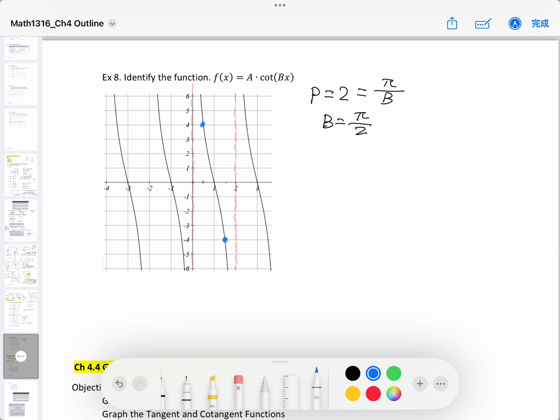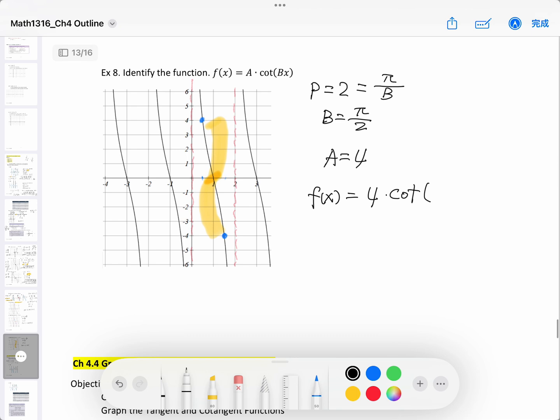Based on the center, y is equal to 0, going up 4 units, going down 4 units. So vertical stretching is 4. So a is equal to 4 and no reflection. So f of x is equal to 4 times cotangent pi over 2 times x.